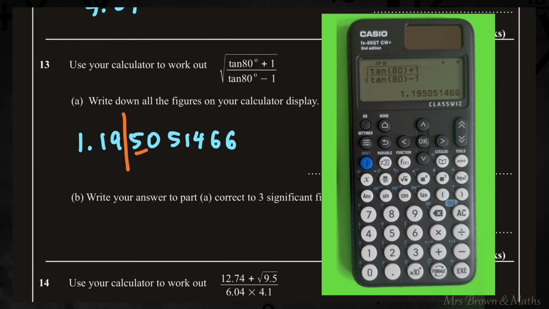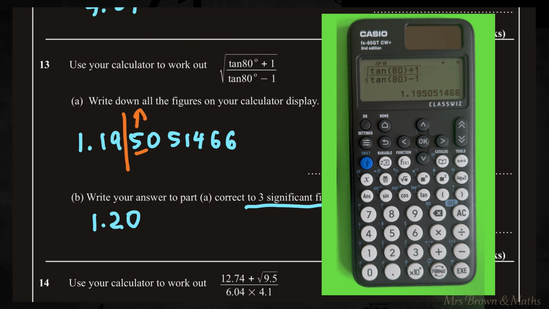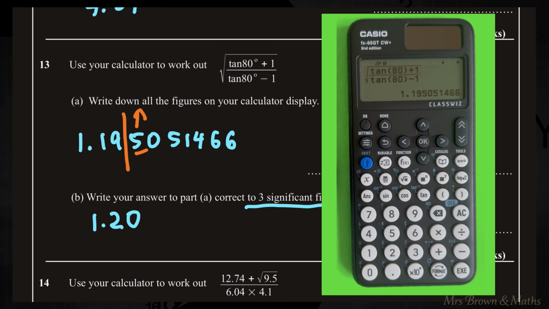It is 5, so I have to round up. So the final answer will be 1.20. If you write just 1.2 without 0, you will lose this mark. If you're told three significant figures, there should be 3 digits in answer.